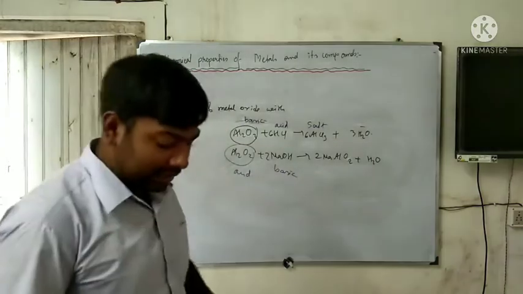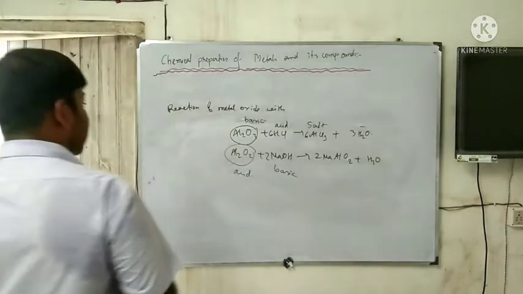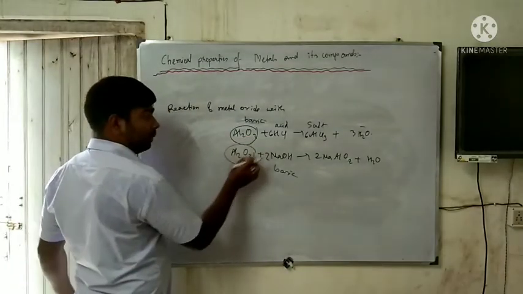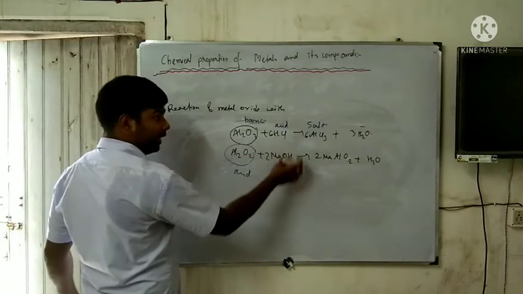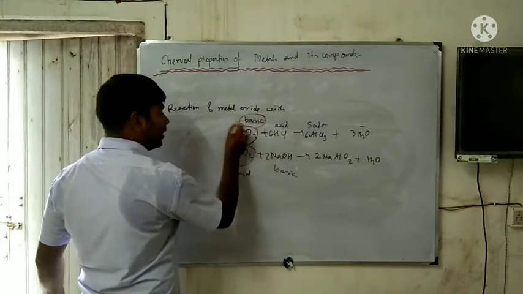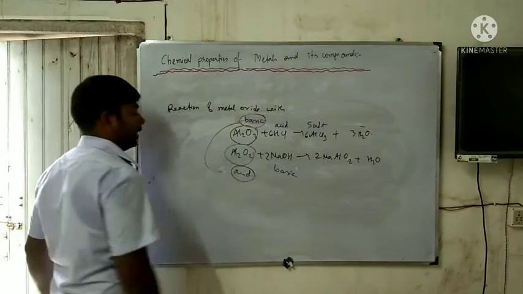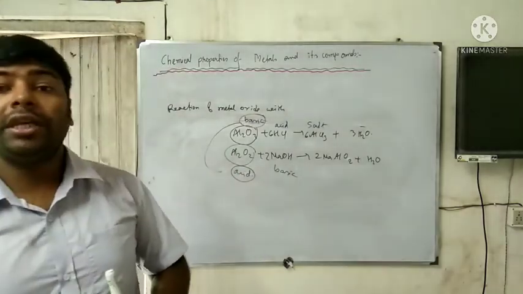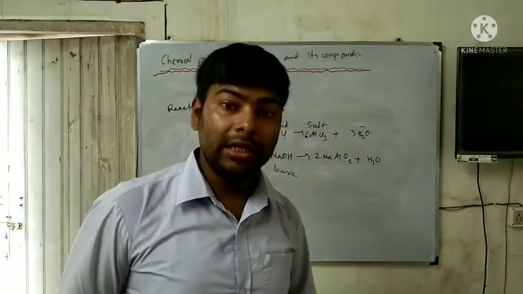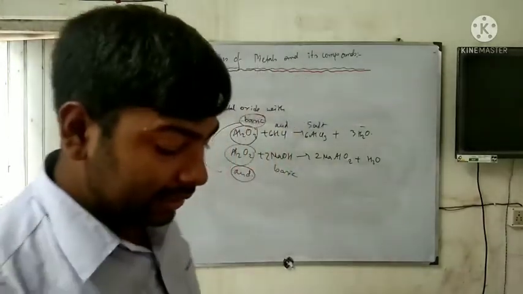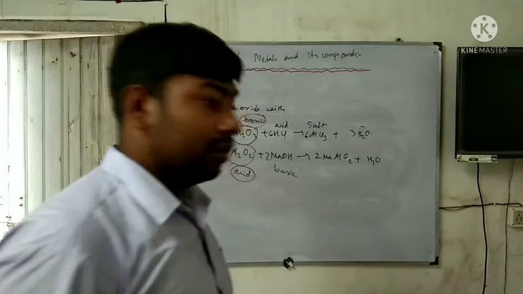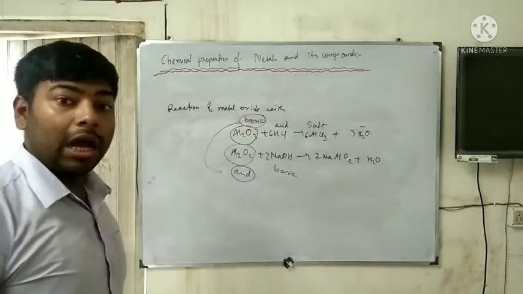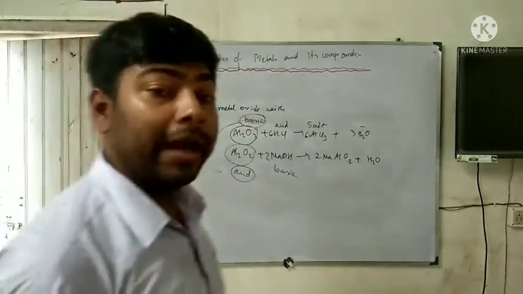So we can say that the same aluminum oxide, depending on the conditions, sometimes acts as a base and sometimes as an acid. That's why these are amphoteric in nature. I think it is clear. Now this finishes the metal oxides. Now let's go to the reaction of metal with hydrogen.